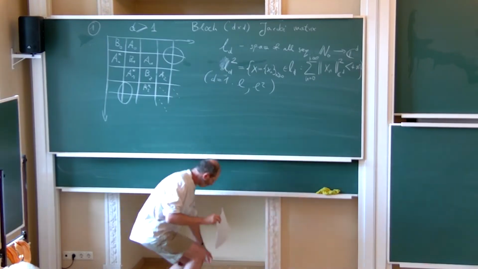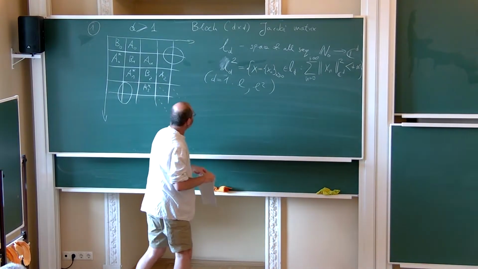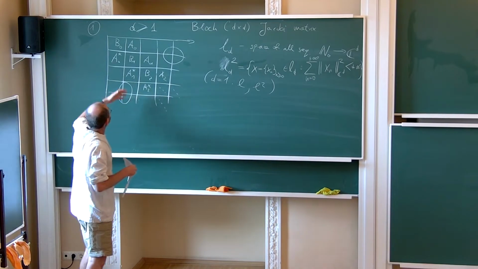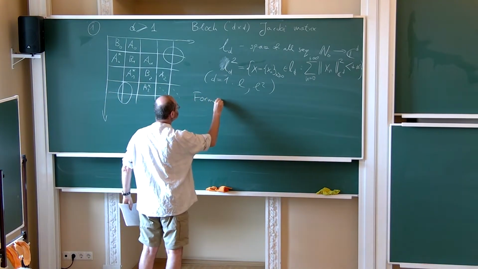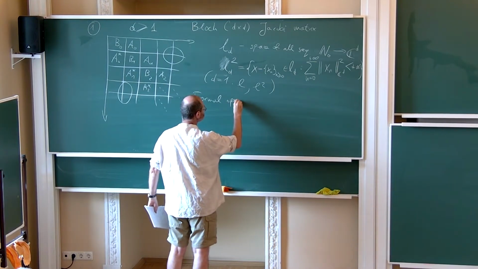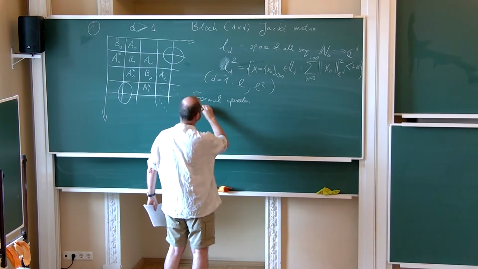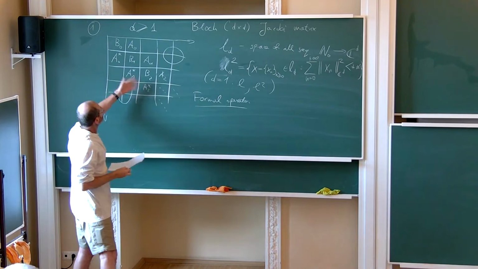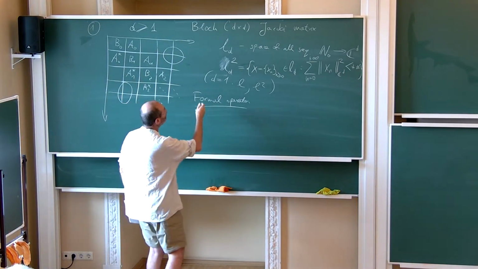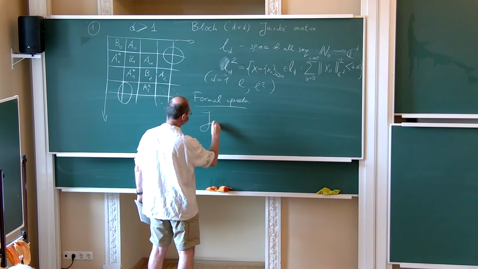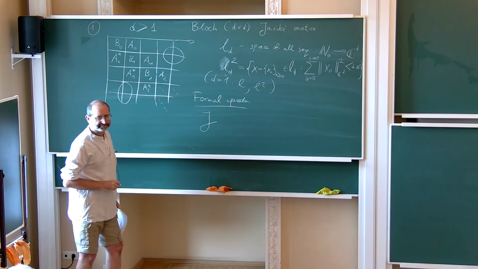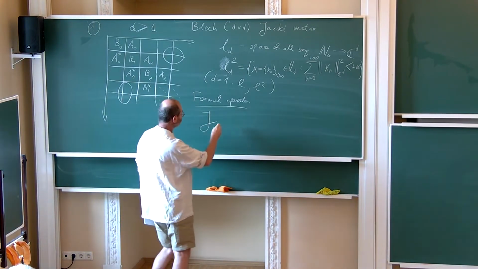And first, we define just the formal operator, which is given by this matrix. This is the formal Jacobi operator. I will use a calligraphic letter for it.